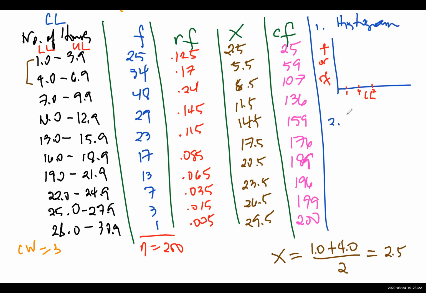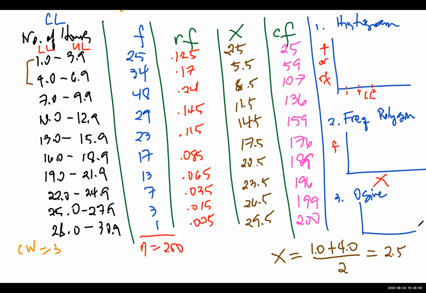Next one, the frequency polygon. What's your x-axis? Class midpoint X, very good. And you have your frequency here. And the last one is the ogive. What's the x-axis?